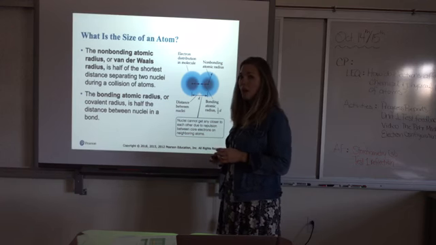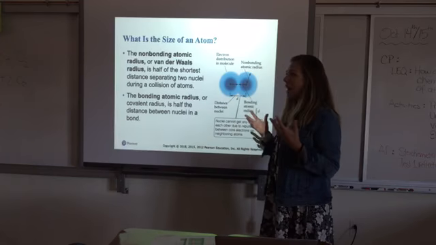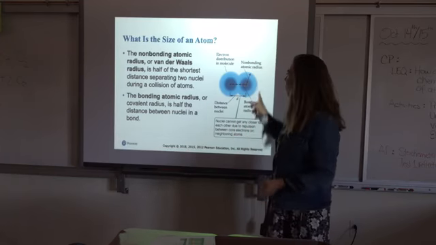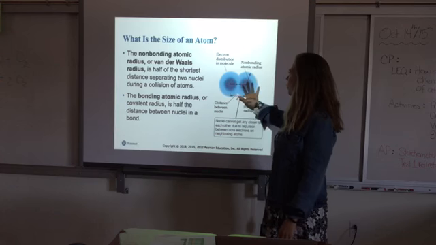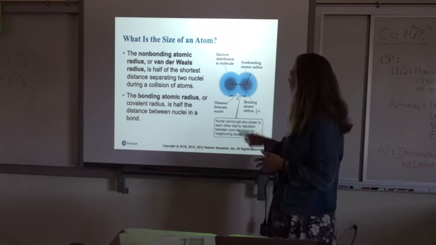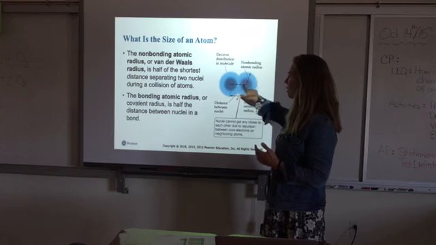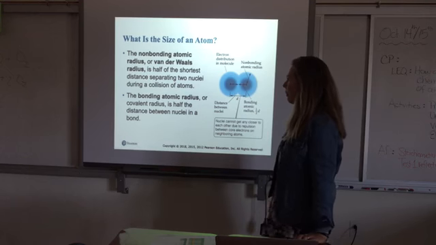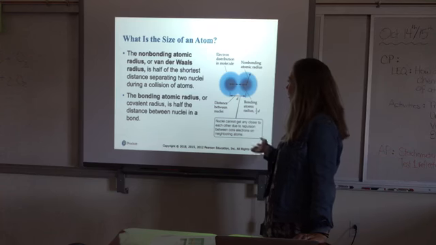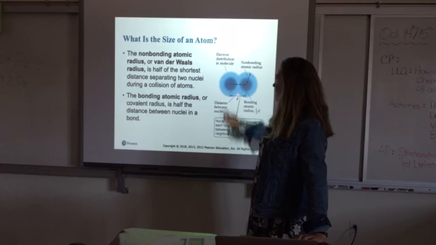What they do is take two atoms that are bonded together and measure the distance from the center of one atom to the center of the other, so from the center of one nucleus to the center of the other nucleus. Then they divide that in half, and that gives you the radius of one atom.